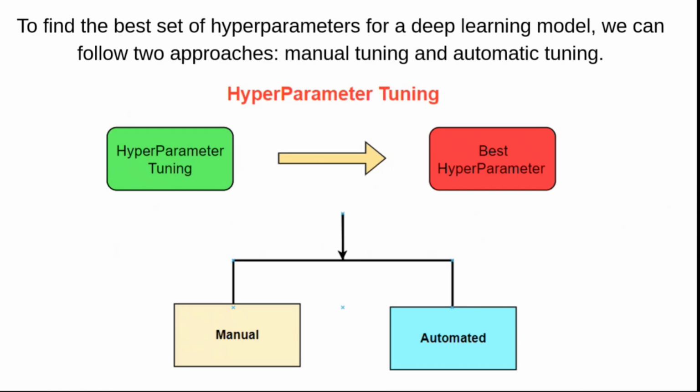We iterate through different combinations of hyperparameters and evaluate the model performance on the validation set. This process requires expertise and a deep understanding of the model and data. Manual tuning can be time-consuming and may not guarantee finding the optimal set of hyperparameters.